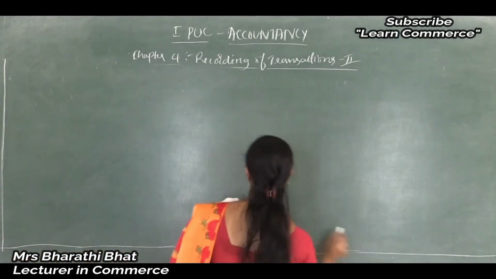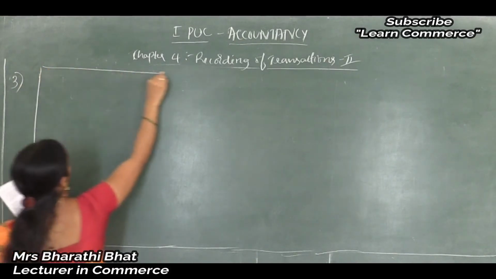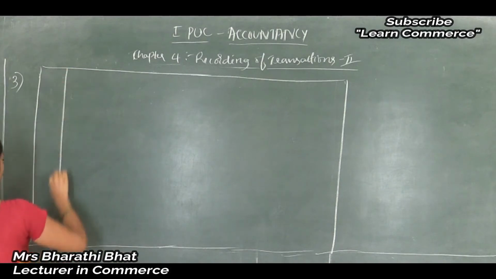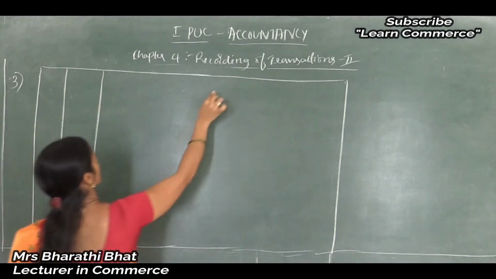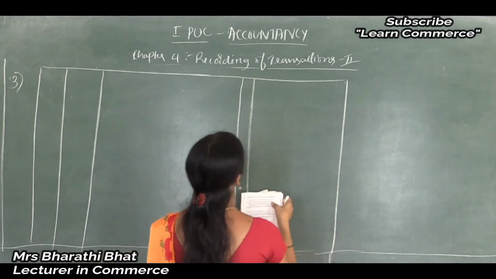So I'll solve the third one. Draw the format neatly: date, invoice number, name of customer, LF and amount.